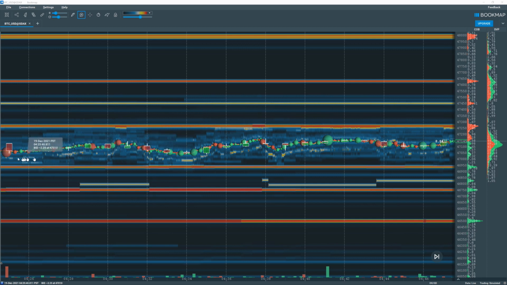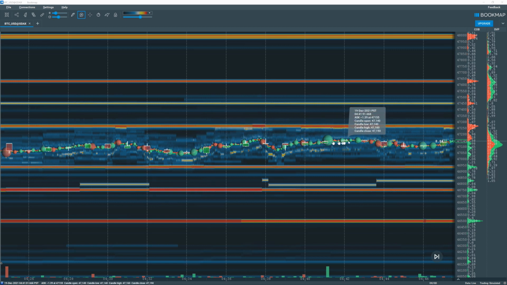On a heat map, you have the price line where all these little bubbles are in candles. And the price line is where buyers and sellers met and agreed on those transactions. On this price line, the big green bubbles represent big buy orders that were filled.